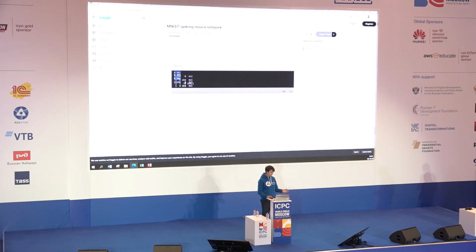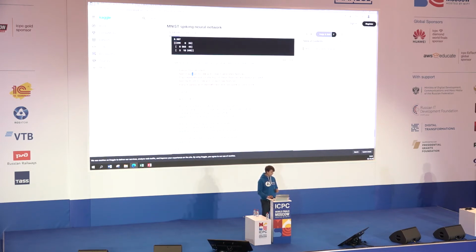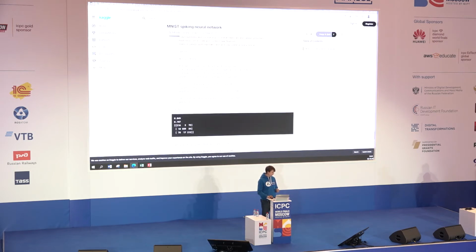To answer these questions, we have a second experiment where we repeat this procedure but without the first stage where we use plasticity, STDP learning. And it shows 0.7, which is lesser than 0.9, and it shows the usefulness of STDP learning.